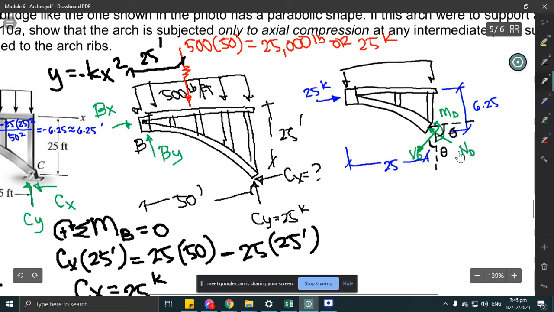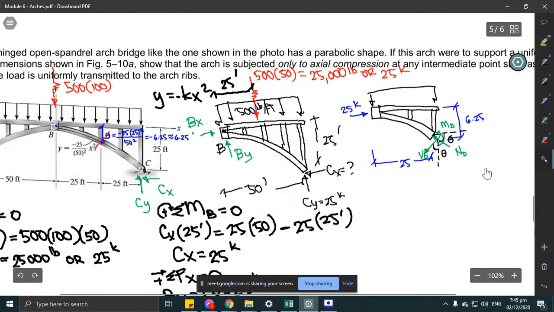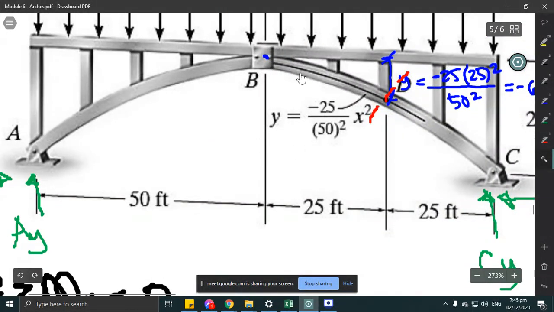Pero paano ba natin ma-compute yung thetang yan? So para ma-compute yung thetang yan, again, balik tayo dun sa equation ng inyong parabola. Okay? So we all know that yung inyong theta can be computed using the tangent. Okay? So again, alam natin na yung tangent theta natin, so that is the dy all over dx.